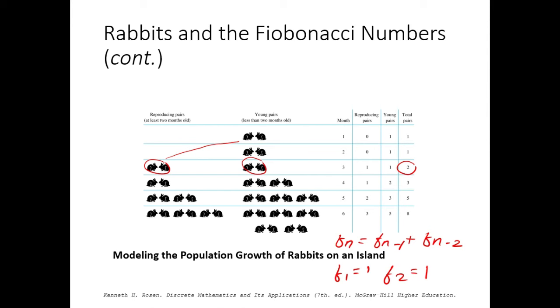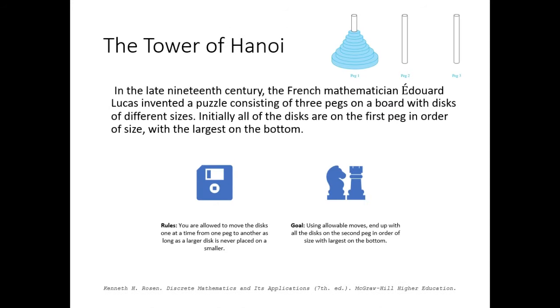So this form of representation of rabbit reproduction on the island is nothing but a recurrence relation, which is expressed as the addition of the previous two elements of the series.